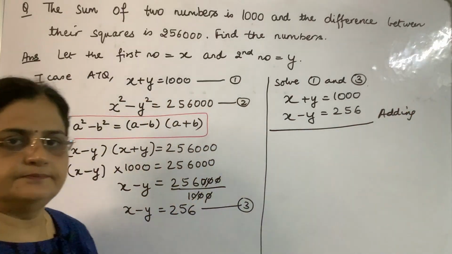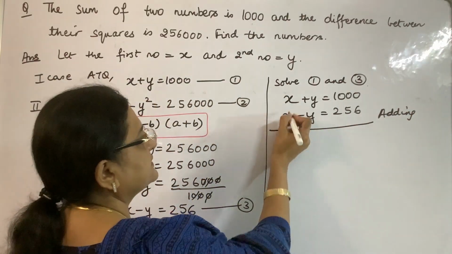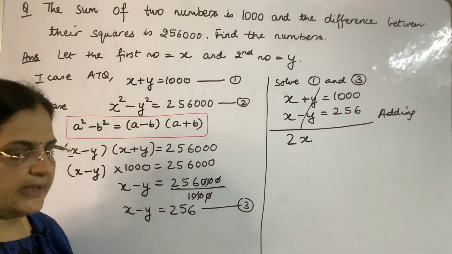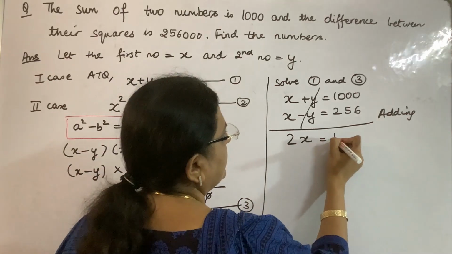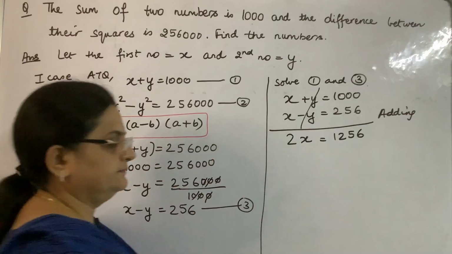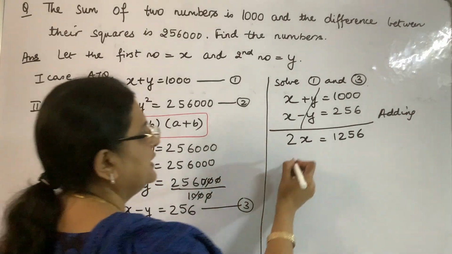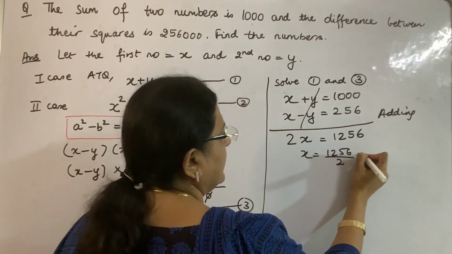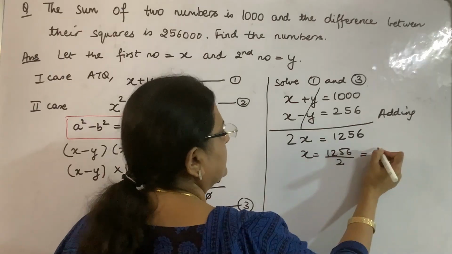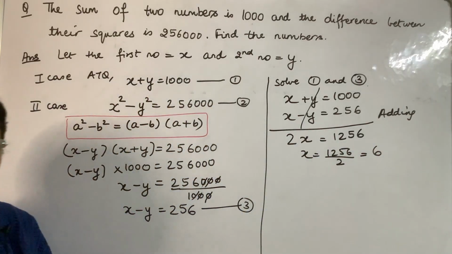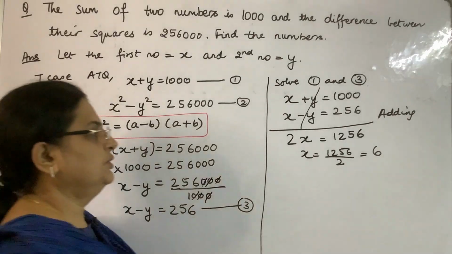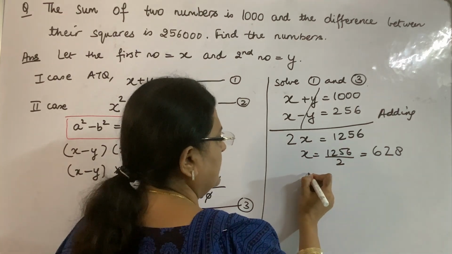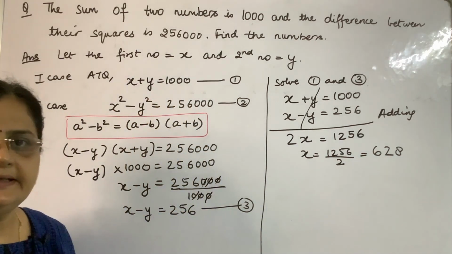So write down, adding both the equations. When you add, x plus x becomes 2x, y minus y cancels, and you are left with 1256. Agreed? So x will be equal to 1256 upon 2. If you divide this, you get x is equal to 628.